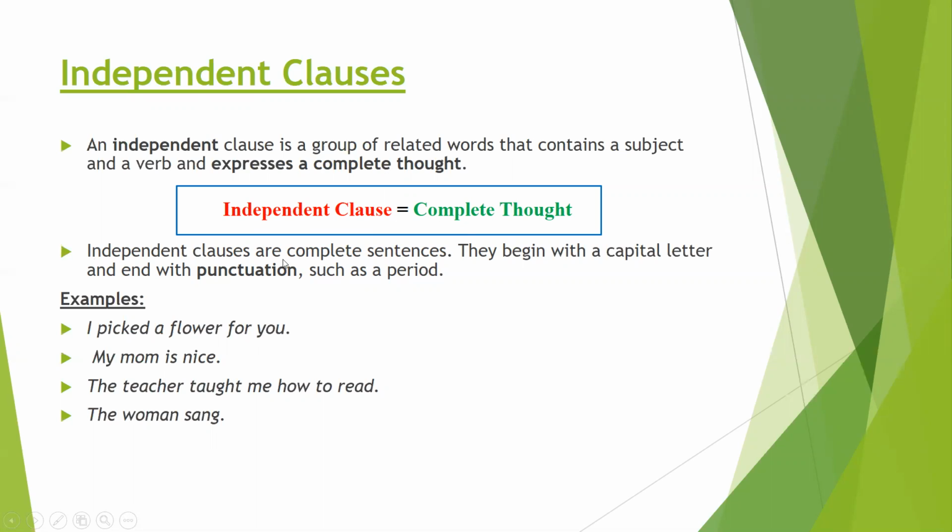Independent clauses are complete sentences. They begin with a capital letter and end with punctuation, such as a period. For example, I picked a flower for you. My mom is nice. The teacher taught me how to read. The woman sang.